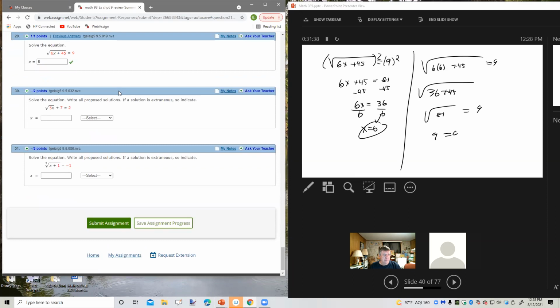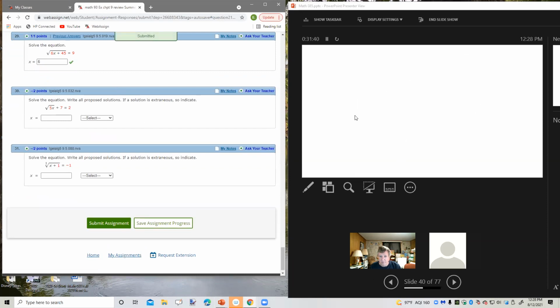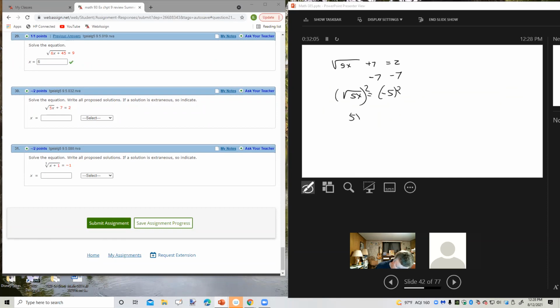And the next problem, we've got the square root of 5x plus 7 equals 2. So again, we want to isolate the radical. Now we've got a square root equals a negative number. So that's not going to work, but it says to write all proposed solutions. So we'll square both sides and we get 5x equals 25.